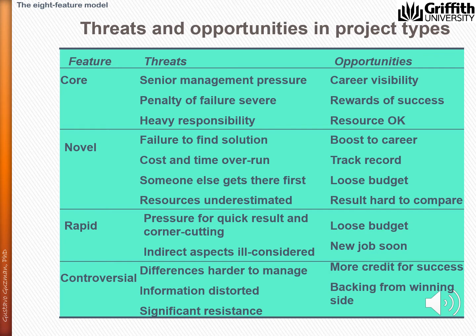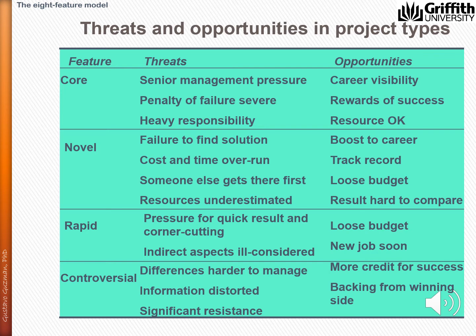It is interesting to note that in all different types of projects, there are threats and opportunities. For example, core projects demand significant management, pressure, and responsibility, and it is very easy to fail. However, the opportunity for high visibility and career success is also present. In novel projects, also, cost and time overruns are very common.